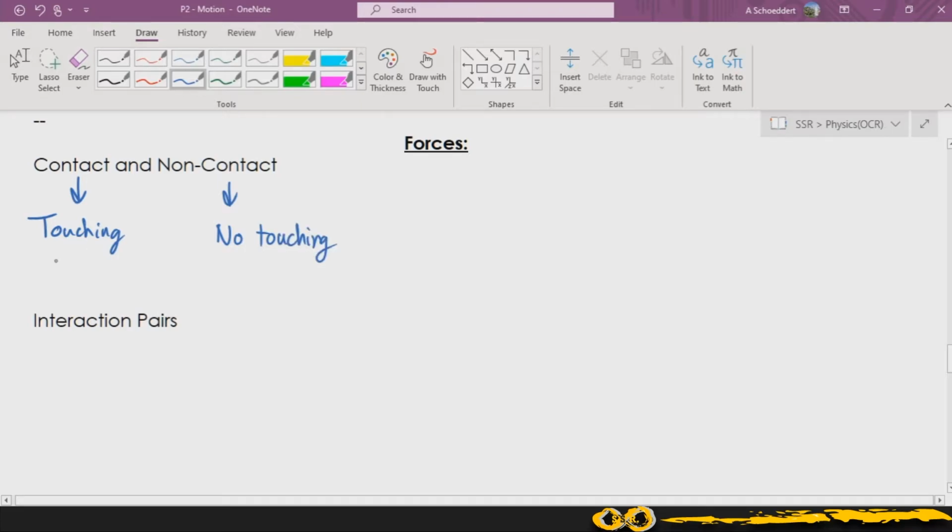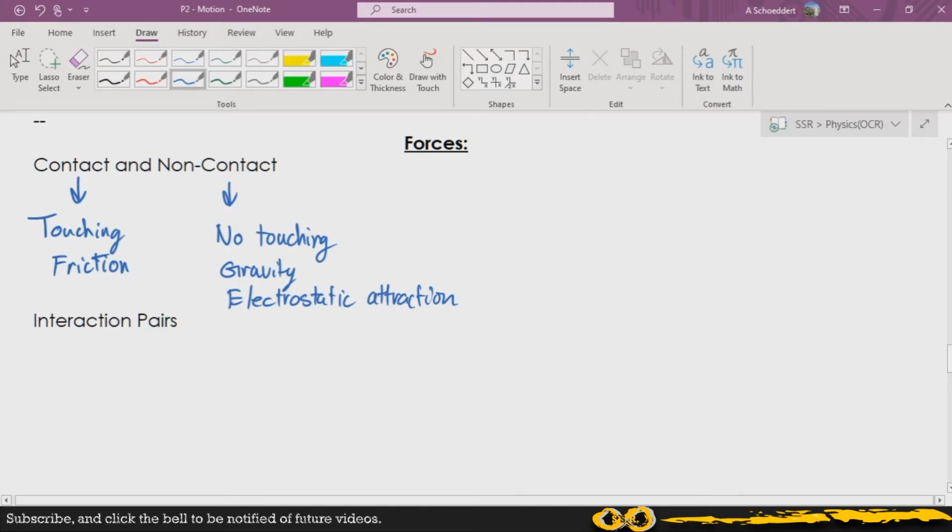Common contact forces are things like friction, drag, push, pull. Non-contact forces, you have things like gravity, you have things like electrostatic attraction. Those are forces where you're not actually having any contact between the objects, but you would still have that force acting on that object.